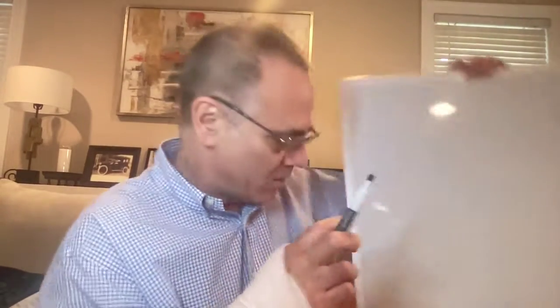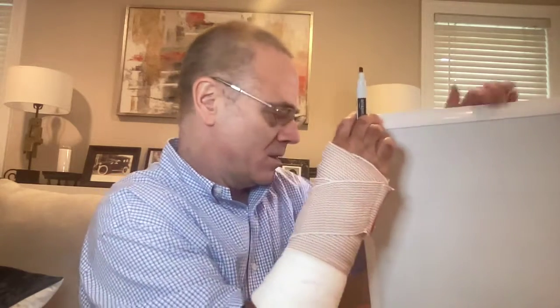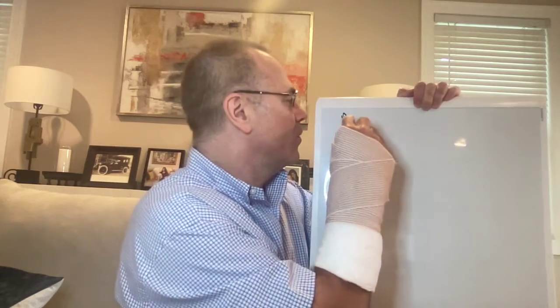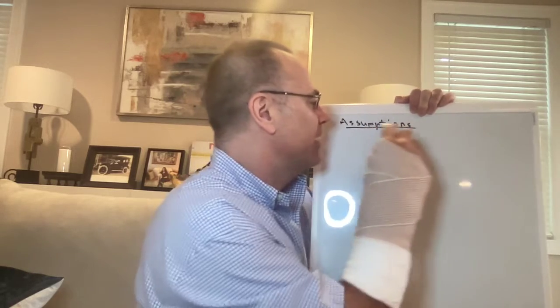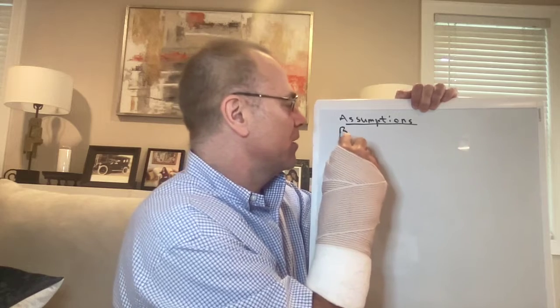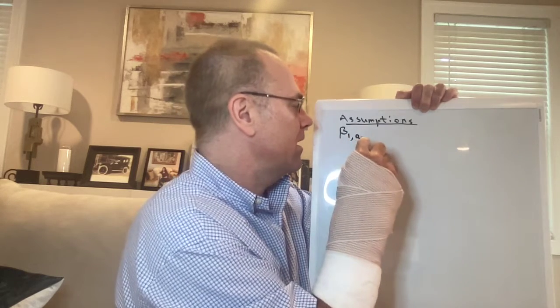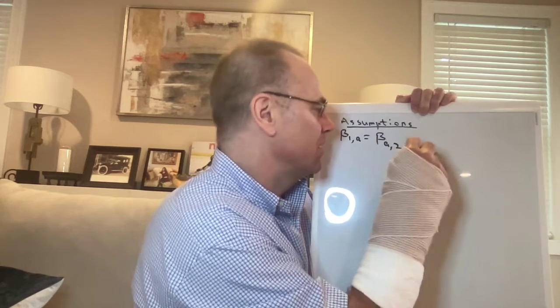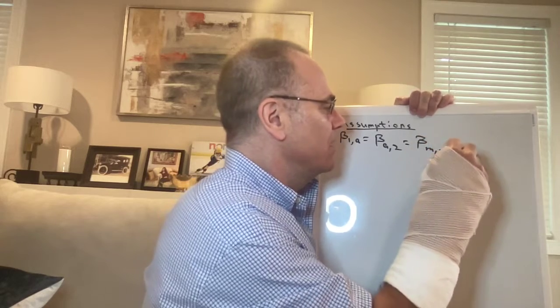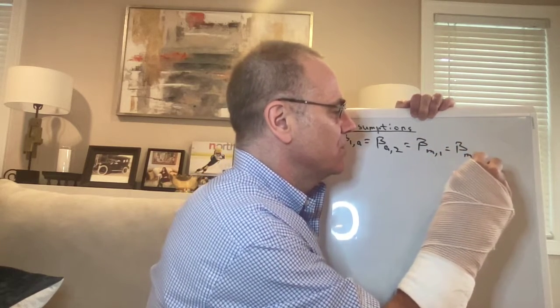So now Kurt Signorino is going to generate some simulated data. First of all, the assumptions when he generates the simulated data. First, beta 1a equals beta 2a, and beta m1 equals beta m2.